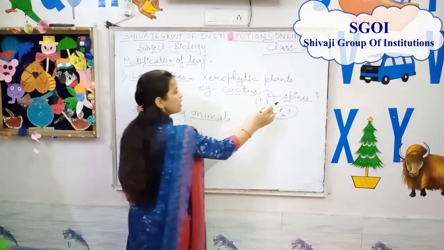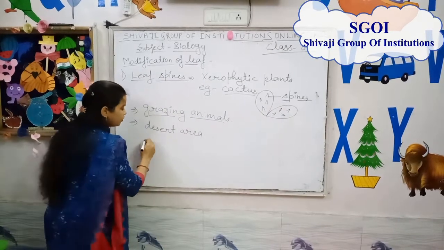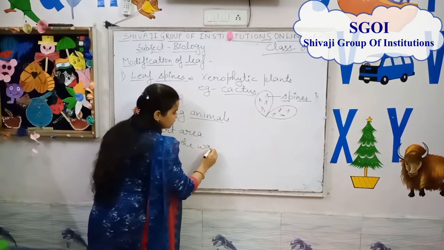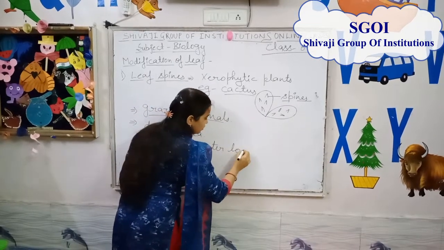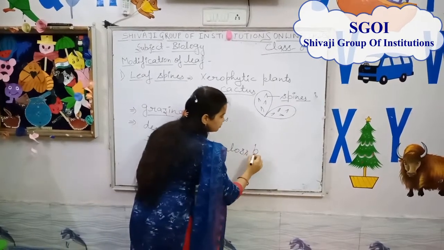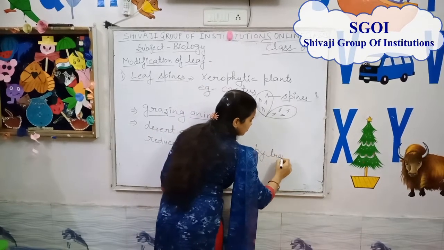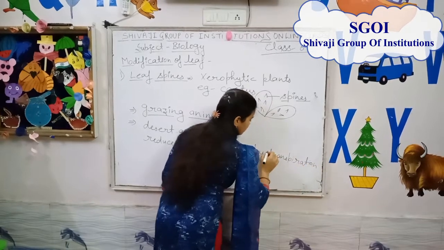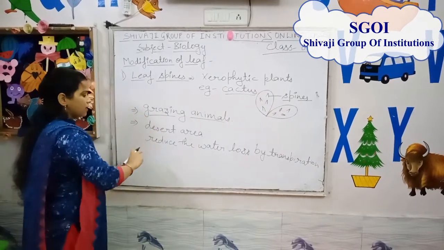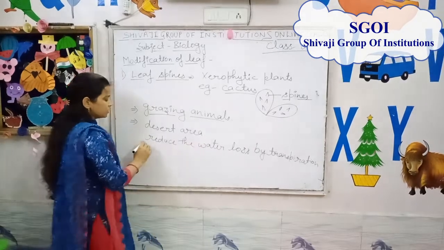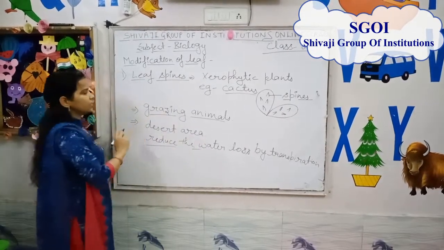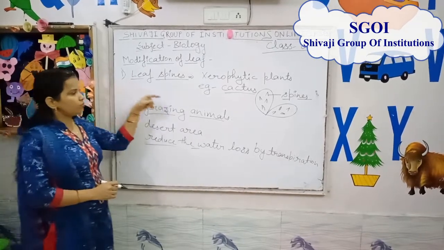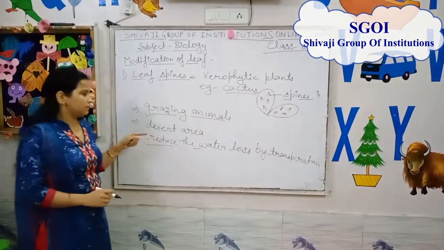So these spines reduce the water loss by transpiration. This is the second function of these spines. So in cactus plant, mainly the leaves are modified into these spines.